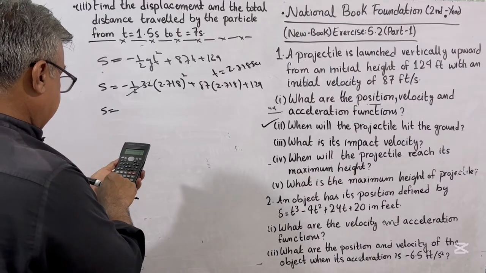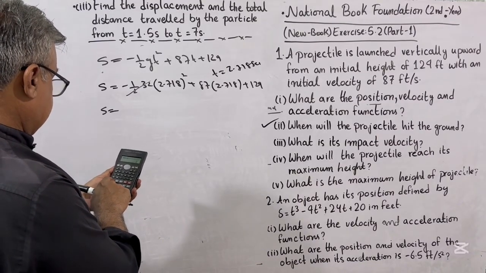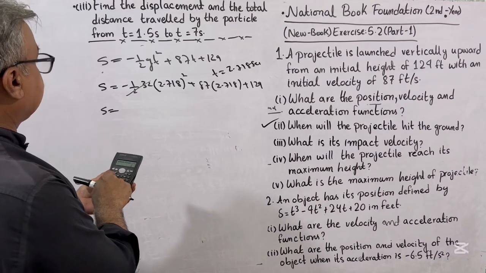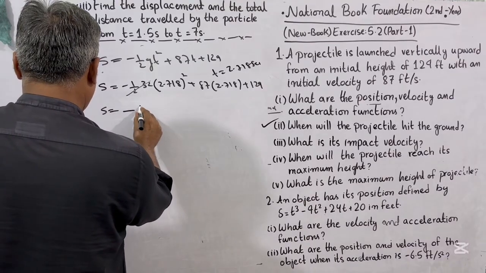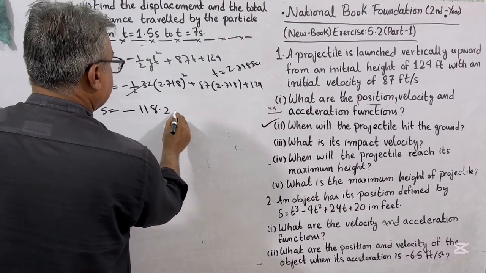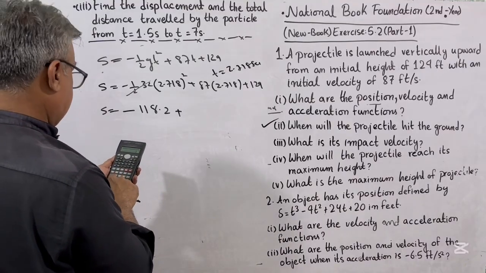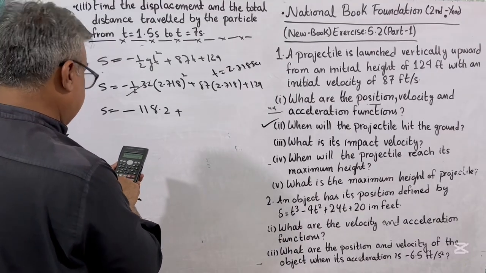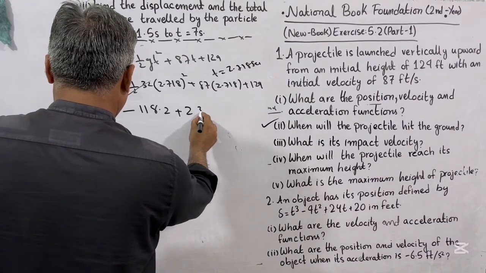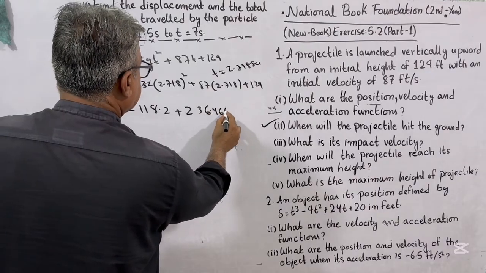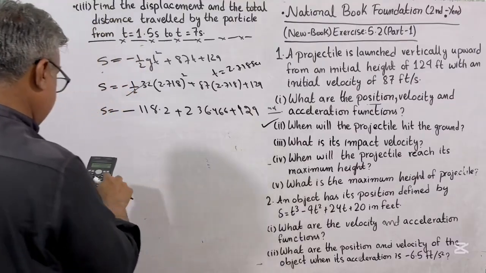Let me do this on the calculator. 16 times 2.718 squared is negative 118.2, plus 87 times 2.718, that is 236.466, plus 129.